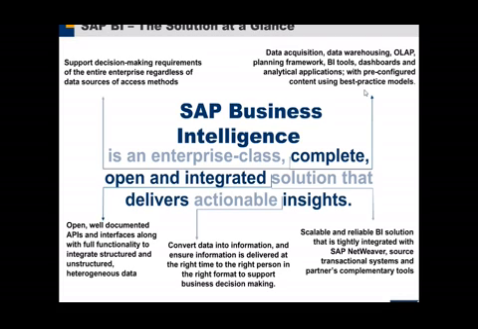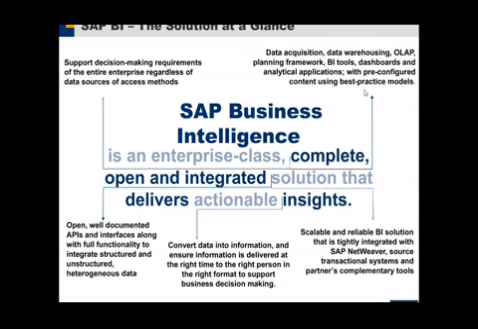And what is SAP's business intelligence, what is the scope and what is the objective? This is what it is: an enterprise class. The data is complete, open and integrated. Let me explain what open and integrated means. I can have data from another SAP system, or I can have data from non-SAP systems also. And the data is enterprise class, meaning I can harmonize the data so that it looks as if it is coming from one place with one standardization.